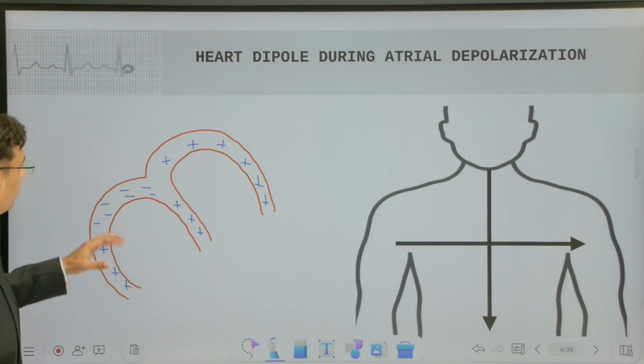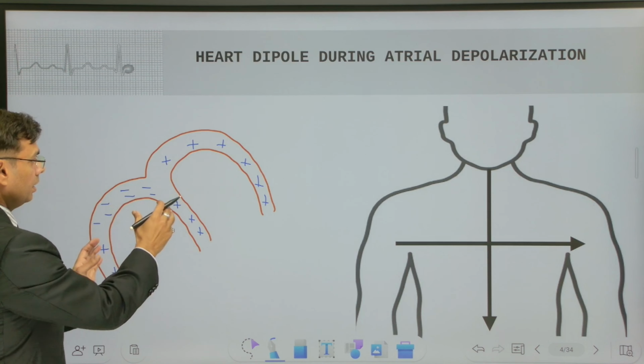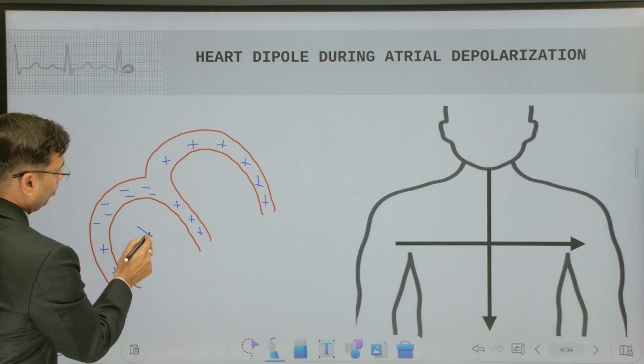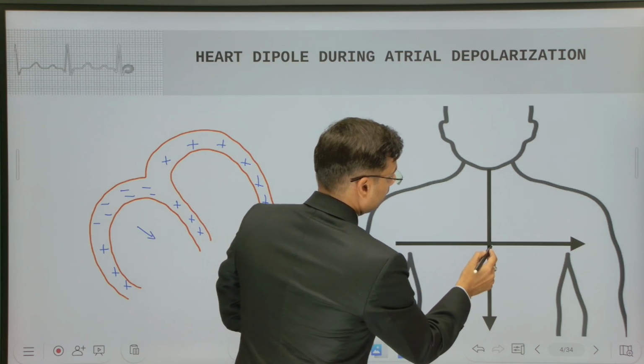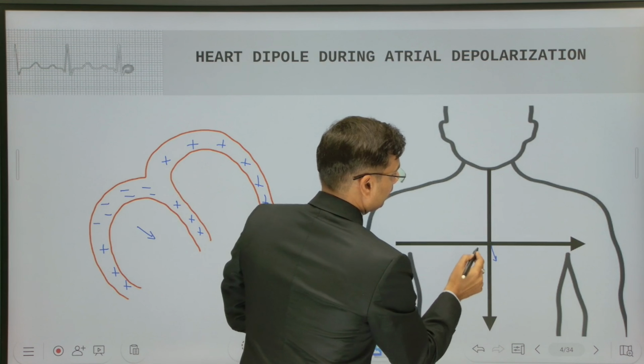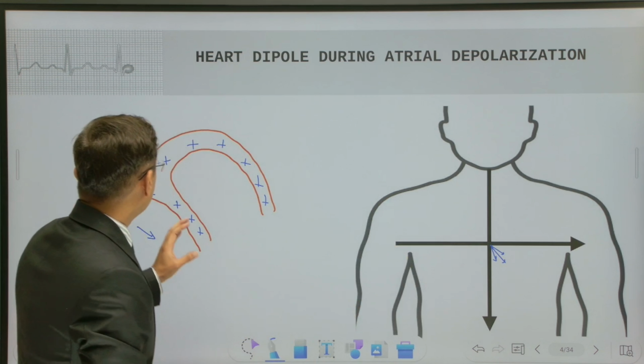So what can you infer? This is a negative charge and here is the positive charge, so a small dipole can form. We can write here also, this is the P vector.